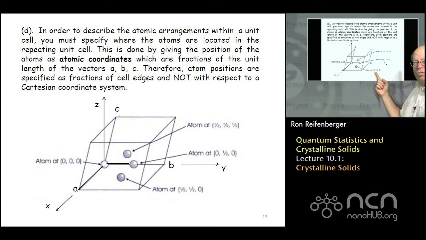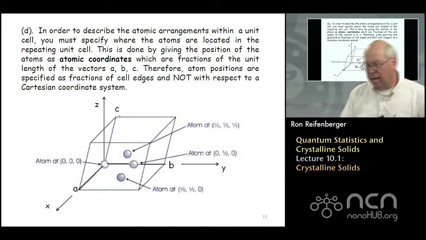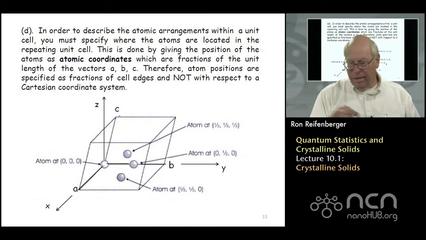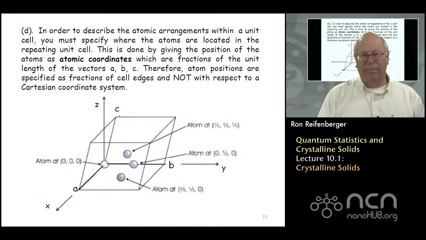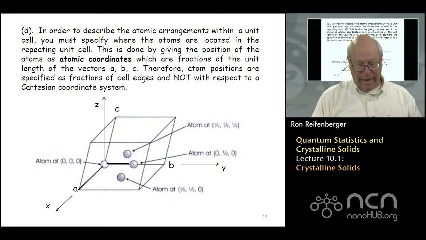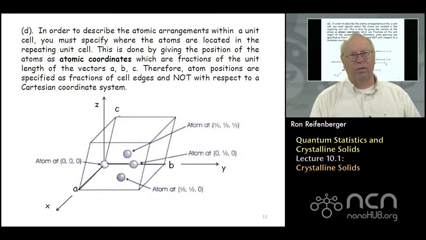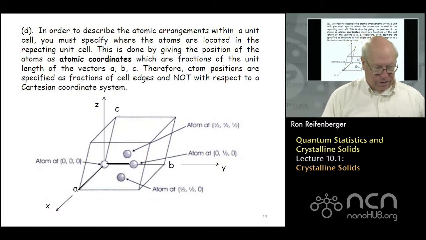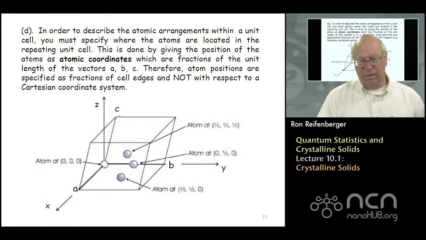So the atom positions are given by this sequence of fractions, and these fractions represent the unit cell dimensions A, B, and C, not the coordinate axes X, Y, and Z. That's an important thing to understand if you're trying to characterize crystalline solids.